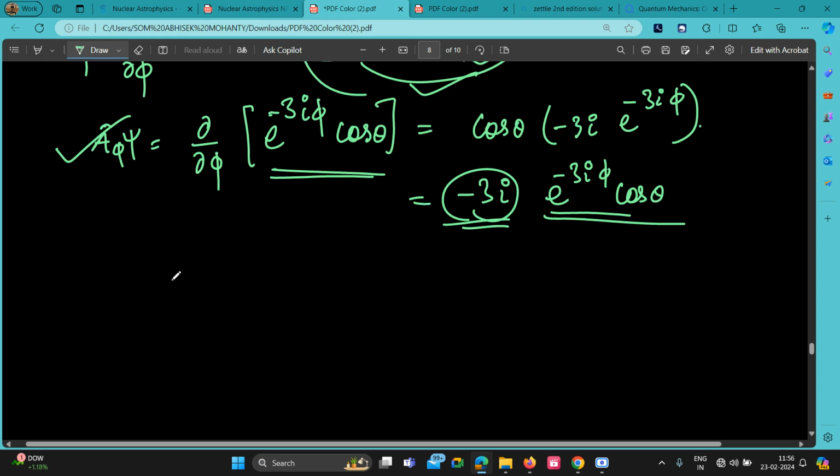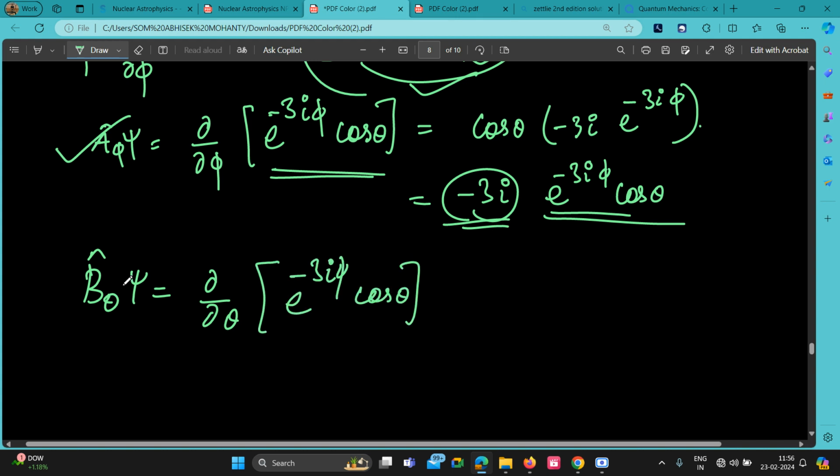What about B theta? B theta psi is del by del theta of e to the power minus 3i phi cos theta. See, if the operator is changing psi, then it won't be the eigenfunction of that operator. So the e to the minus 3i phi goes out, del by del theta of cos theta is minus sin theta.